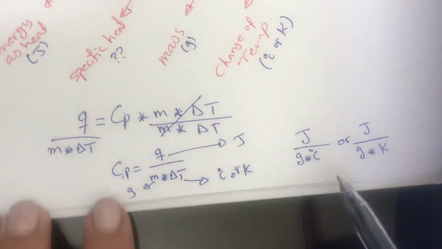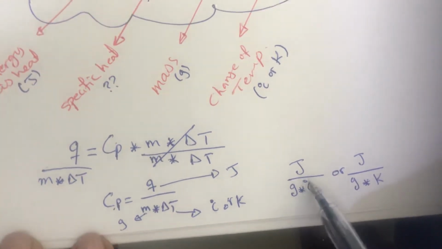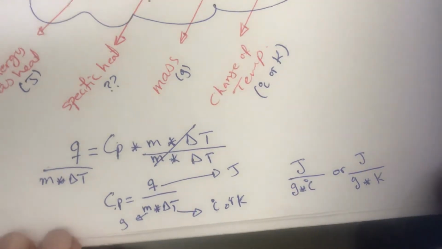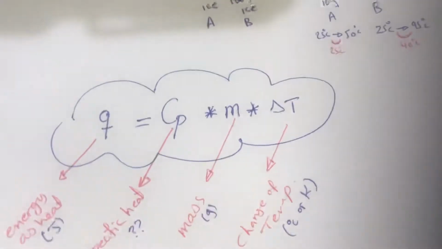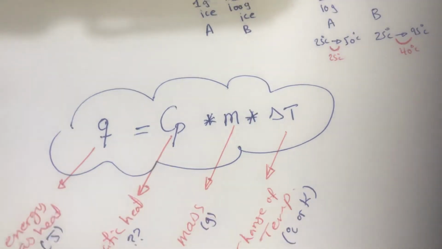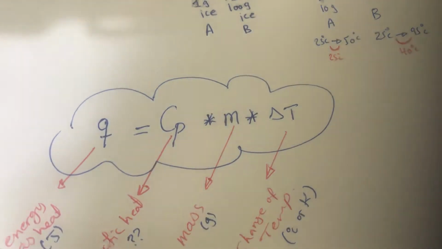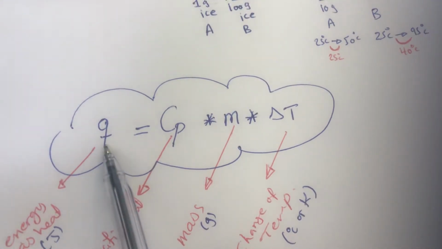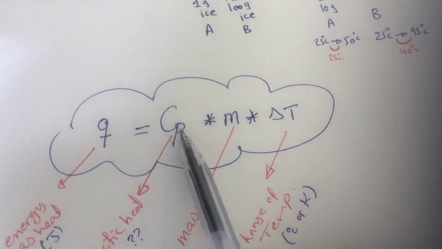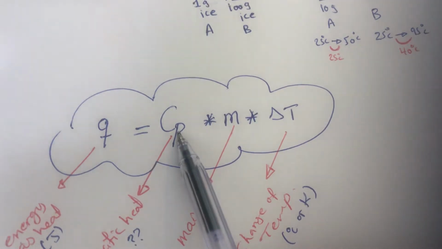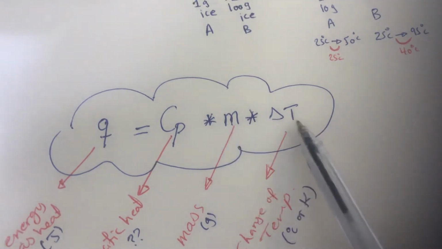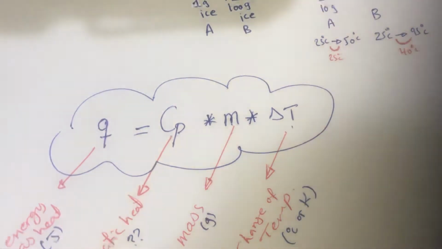So we write the unit as Celsius or Kelvin, depending on the unit of the temperature in the question. So again, if you have a physical change and you want to calculate the heat transferred, you have to use this rule. Energy as heat depends on the nature of the substance, specific heat, which is given in the question, times mass of the substance times change of temperature.